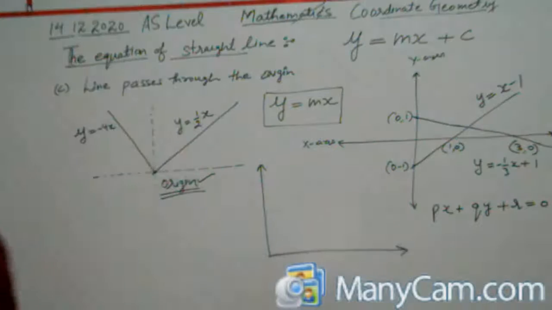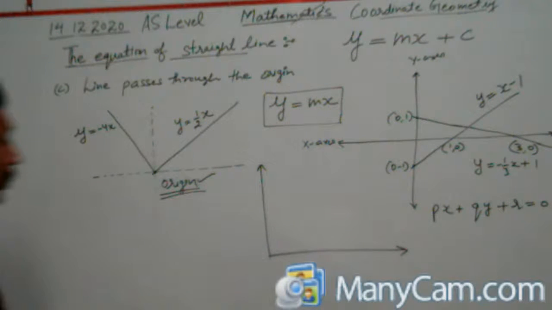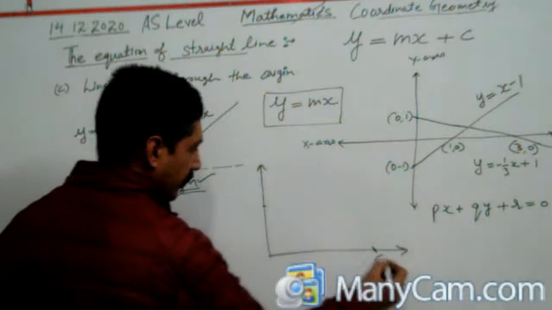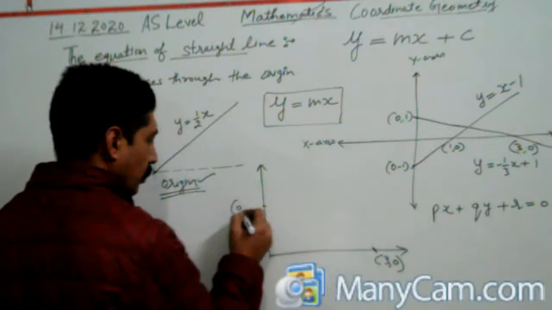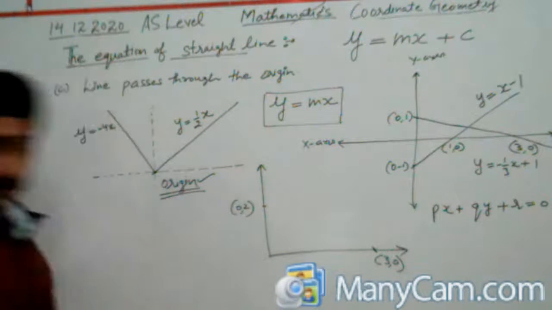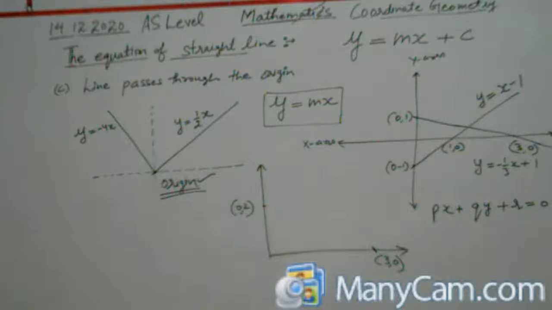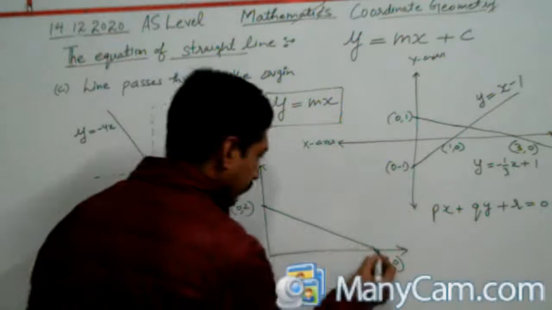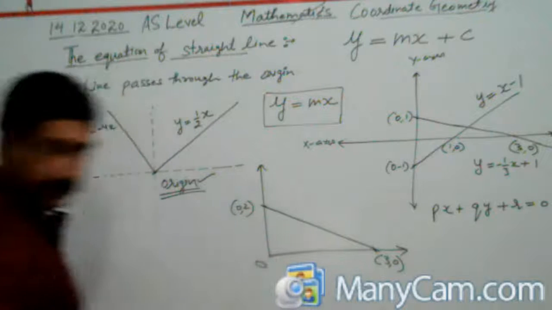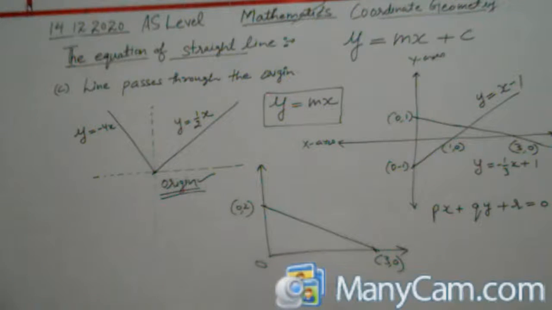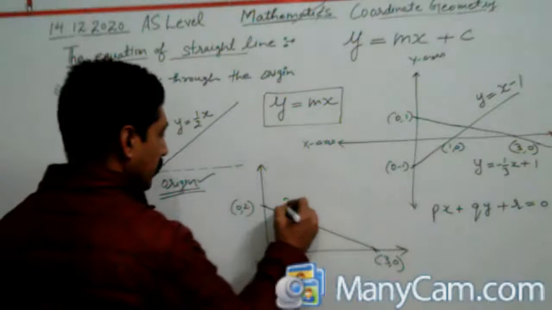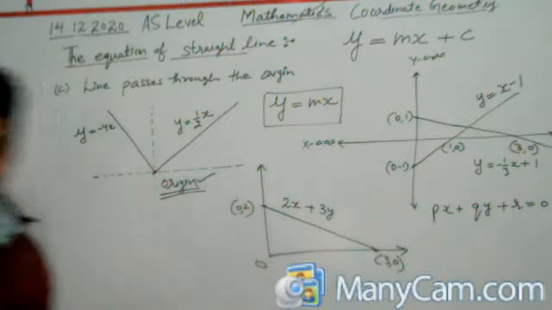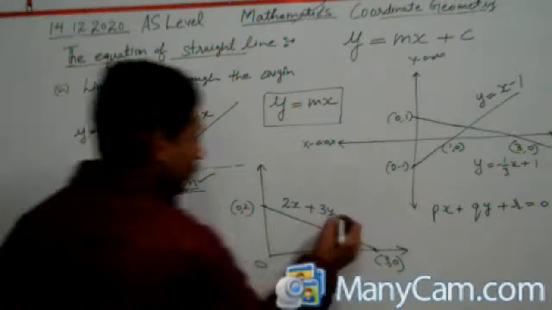How is it obtained? If the points are (3, 0) and (0, 2), one point is here and one point is here, and O is the origin, then the line here is 2x plus 3y minus 6 is equal to 0.